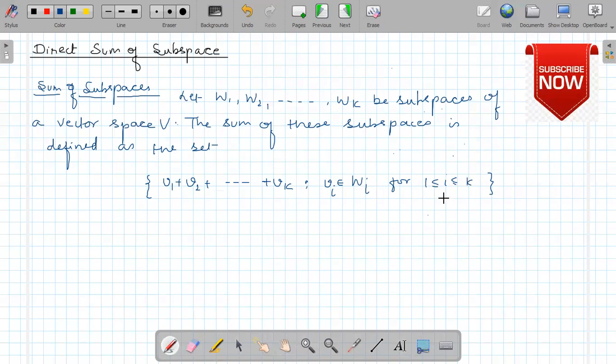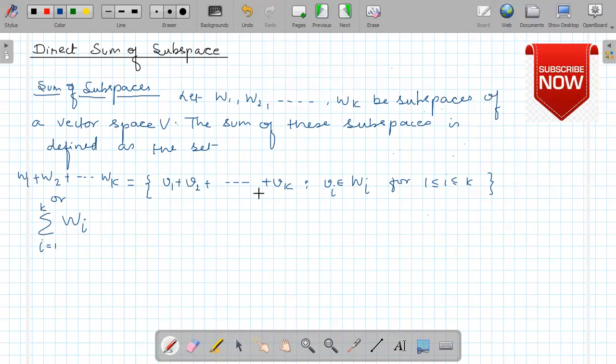So this type of set, which is obtained by adding the elements of each subspace, is called the sum of subspaces, and it is denoted by W1 plus W2 plus Wk, or you can also use the notation summation Wi, i varies from 1 to k.